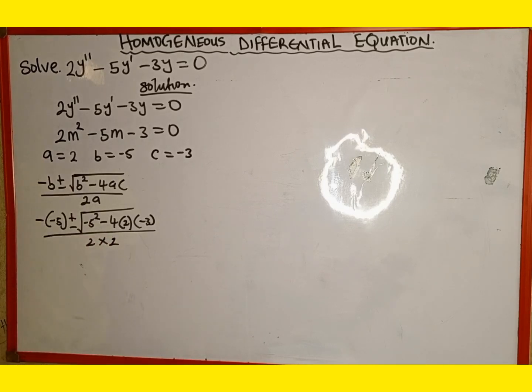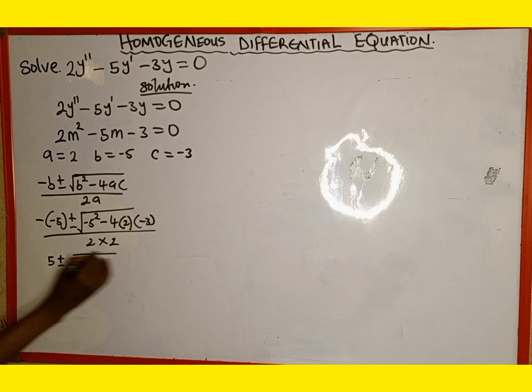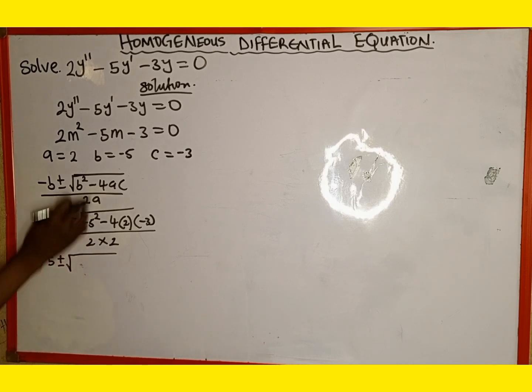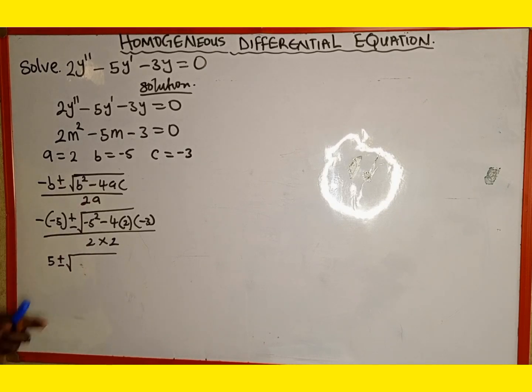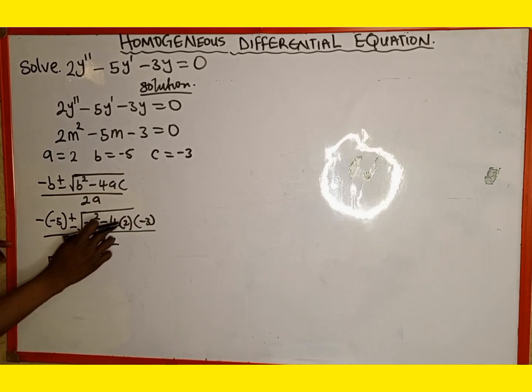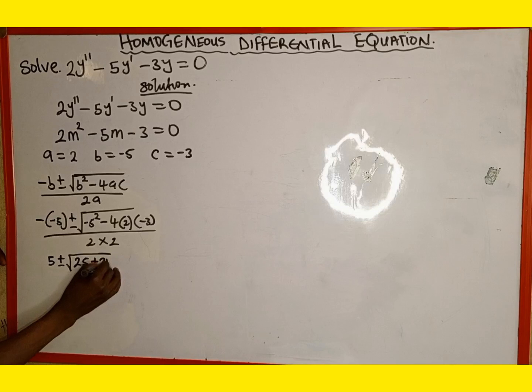So now we can proceed further to simplify. Minus multiplied by minus is going to give us what? Plus 5. Then plus or minus, you open a square root. Minus 5 squared. Any negative number raised to the power of an even number is going to give us what? A positive result. Therefore, minus 5 squared is going to give us 25. Then minus times minus is going to give us plus. Then 4 multiplied by 3 times 2 is going to give us 24, and everything over 4.